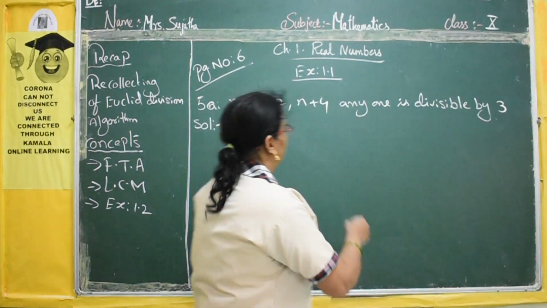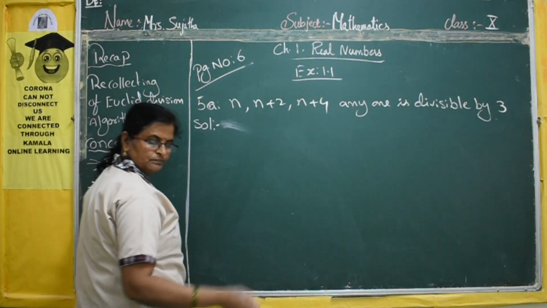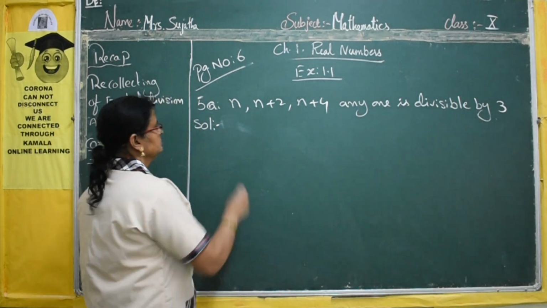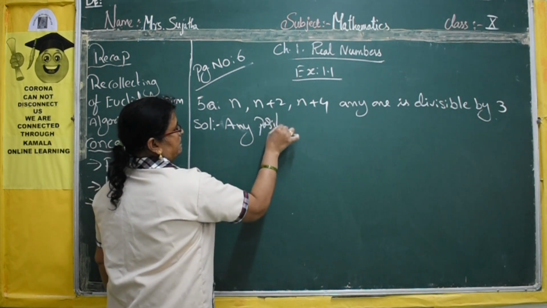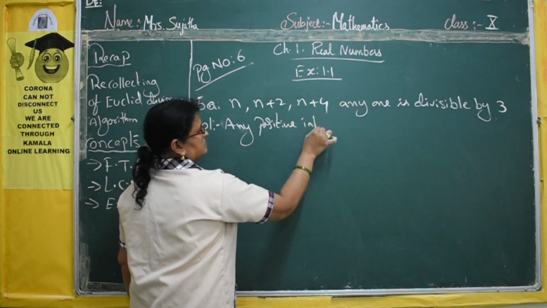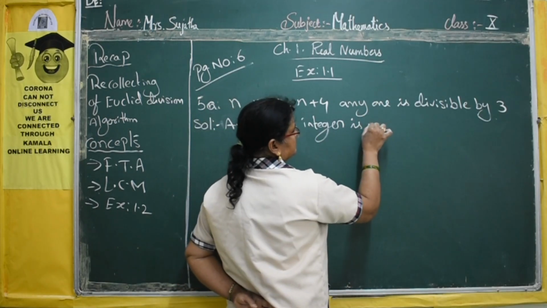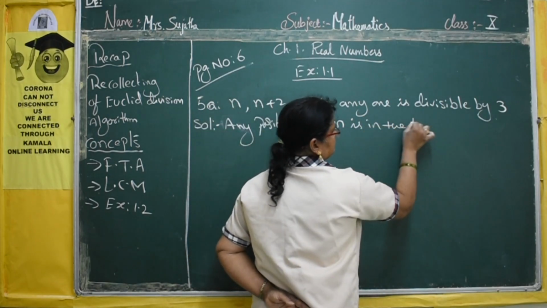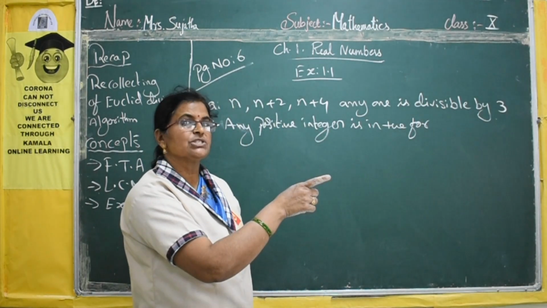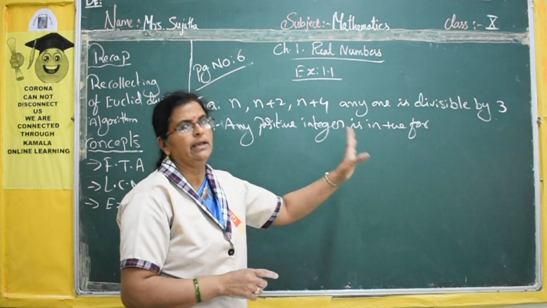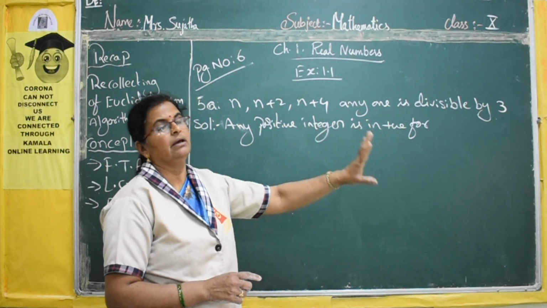So, write down: any positive integer is in the form of, I am not saying positive even integer or positive odd integer, I am saying only any positive integer, not even or odd.